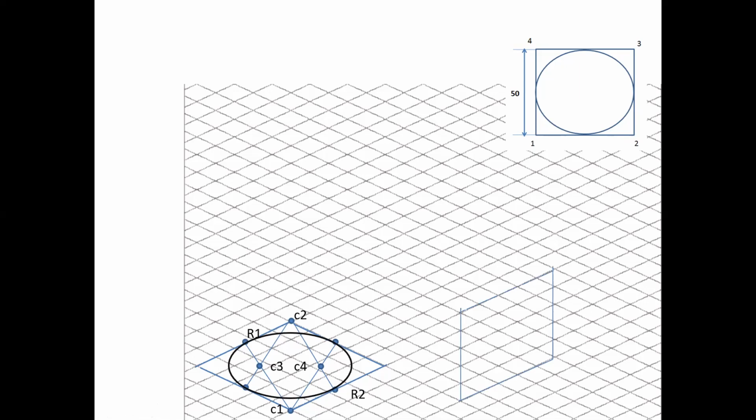So for that purpose, I'm going to draw a square of 50 by 50 in the right side vertical position. Next, I'm going to select any two opposite points. After selecting the two opposite points, you need to select the two opposite lines' center.